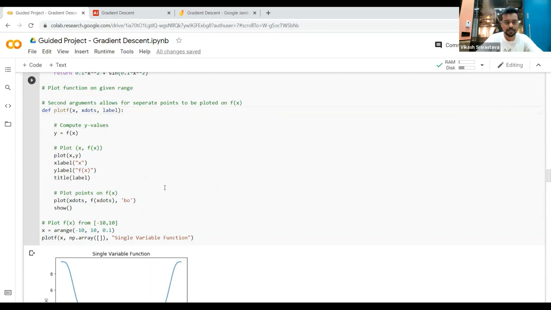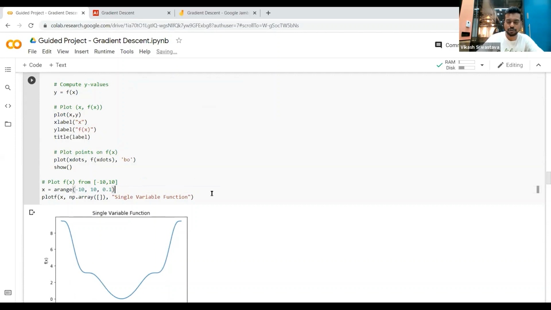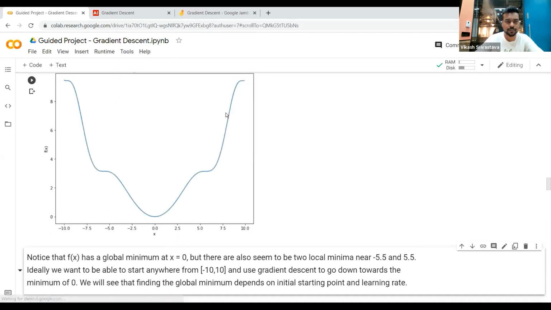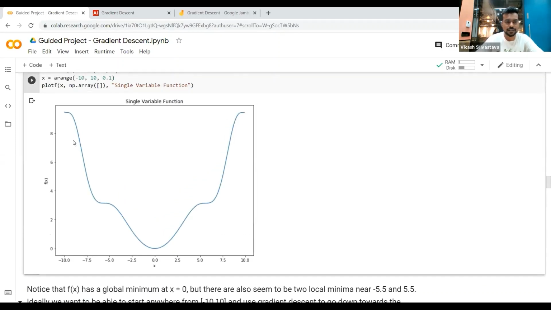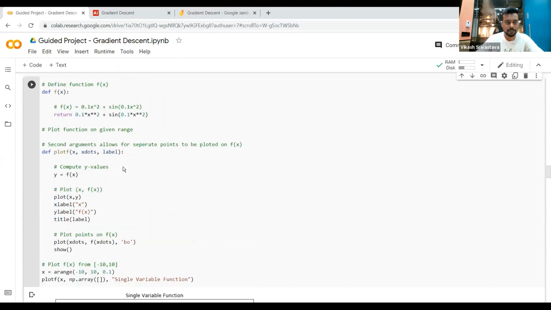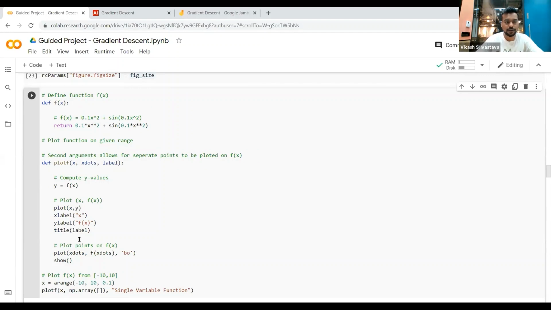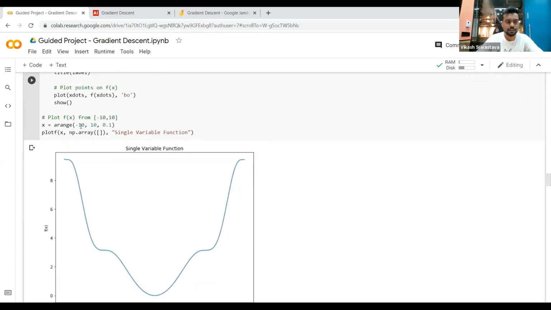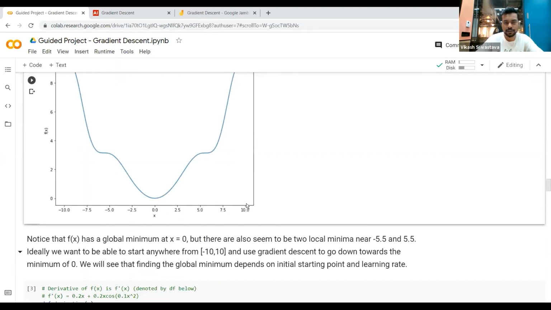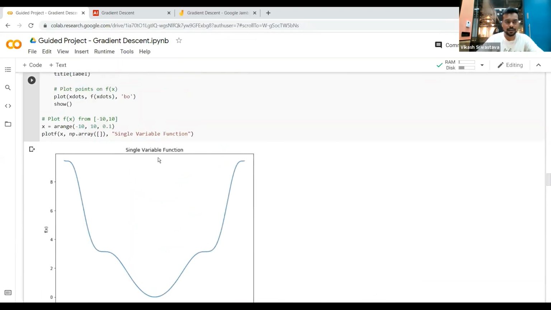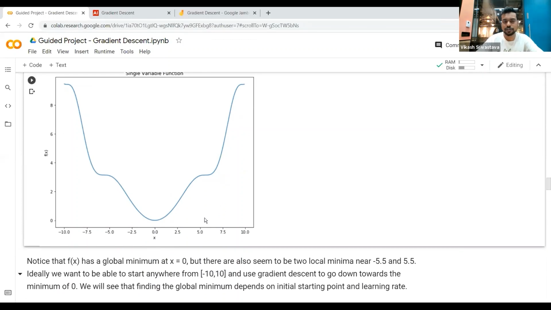I'll just run this and show you what this function gives us. We are just plotting this particular function here, and the range of x is from -10 to 10. So this is how this particular function looks.